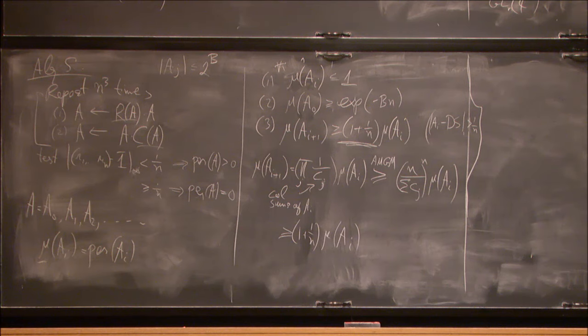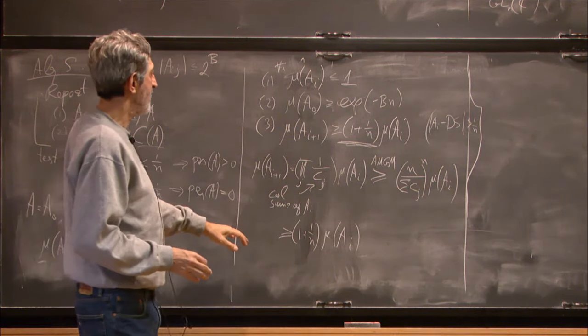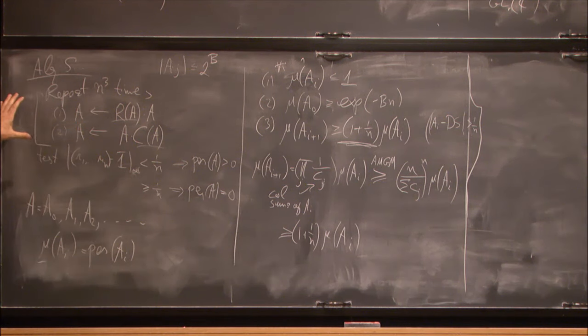So Gurvits has a beautiful proof of this van der Waerden conjecture, and actually of a much stronger conjecture of Schrijver. It's a very important, beautiful paper. But this was digressing. I want to tell you what the algorithm of Gurvits is.